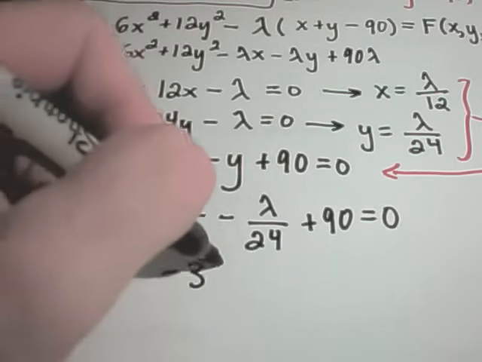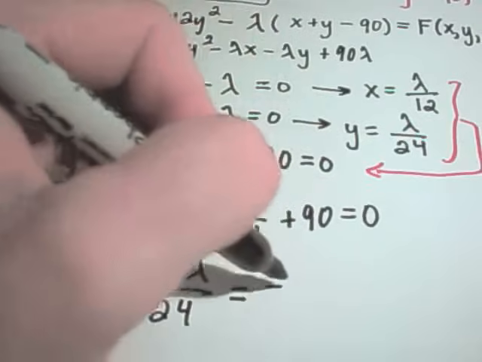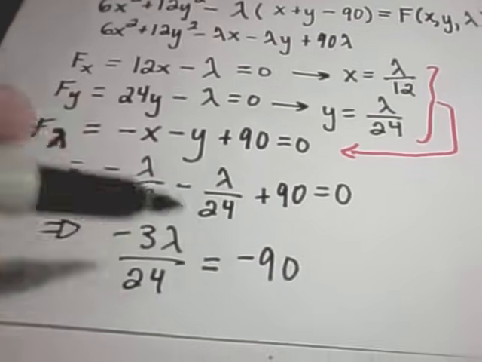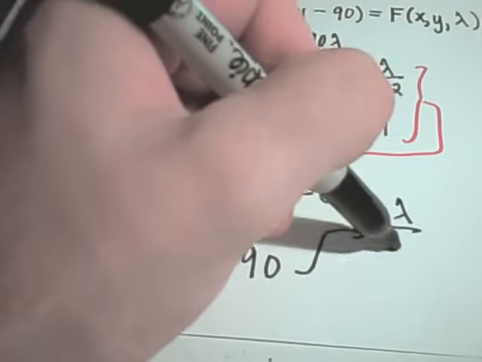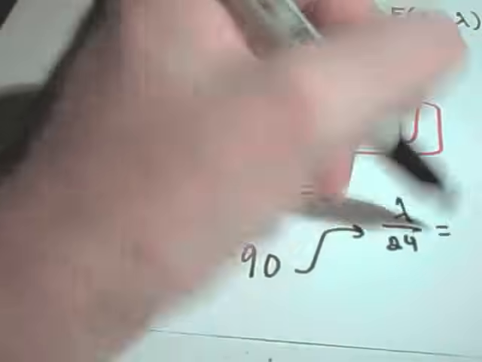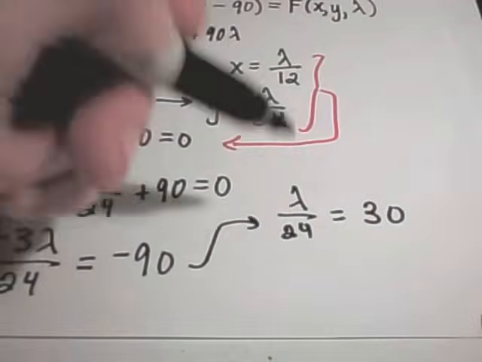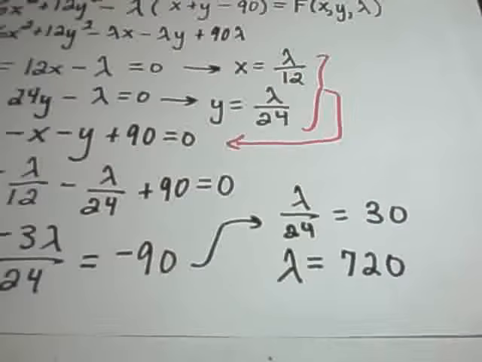On top, you would get negative 3 lambda over 24. I'm going to subtract the 90 and get negative 90 on the right side. If you divide both sides by negative 3, we'll get that lambda over 24 equals positive 30. Multiply both sides by 24, and you'll get that lambda equals 720.